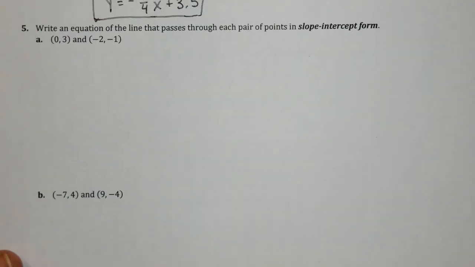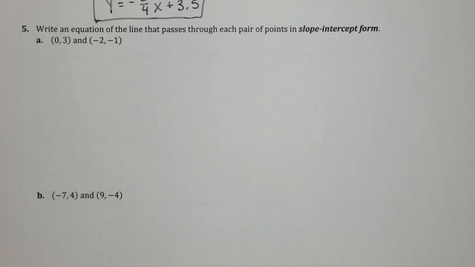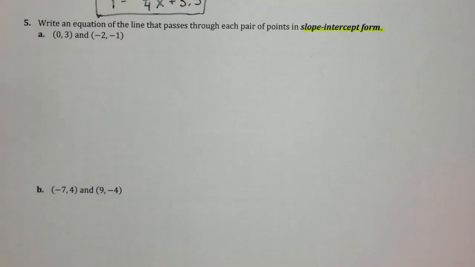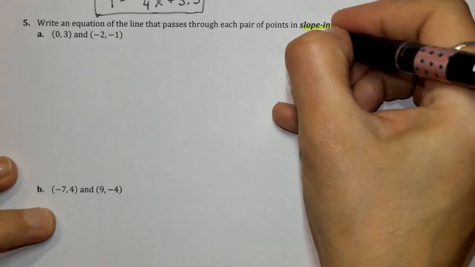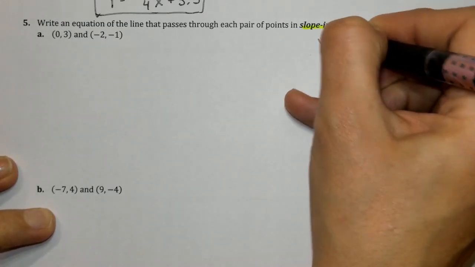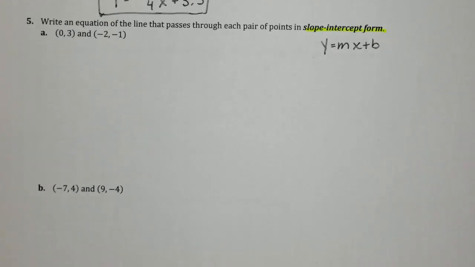So now, not using the graph, we're going to write an equation of a line that passes through these, and we're going to put it in slope-intercept form. So in slope-intercept form, we do want to make sure that we are using y equals mx plus b. And there are two different ways you can do this.